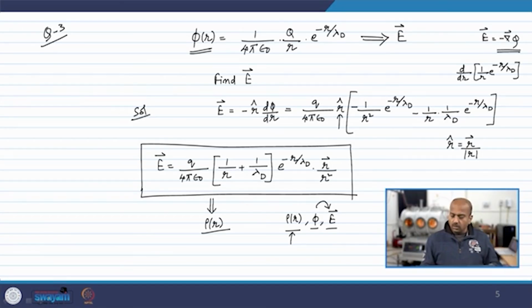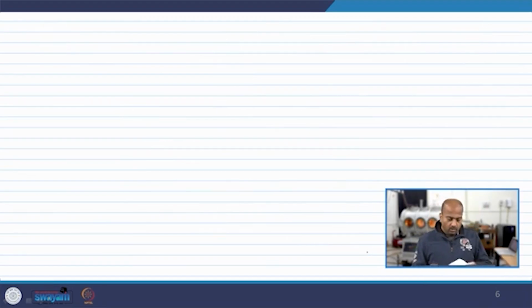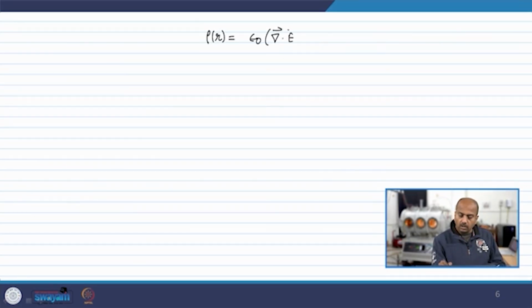Now, having known the potential, the electric field, we can calculate the charge density by using the formula del dot E is equals to rho by epsilon naught, which is the first Maxwell equation. So, rho of r, the charge density, is epsilon naught times del dot E.